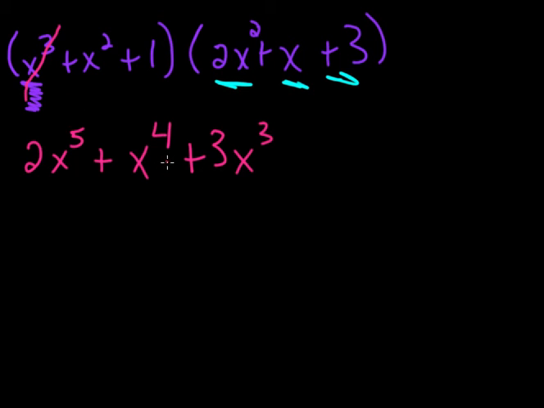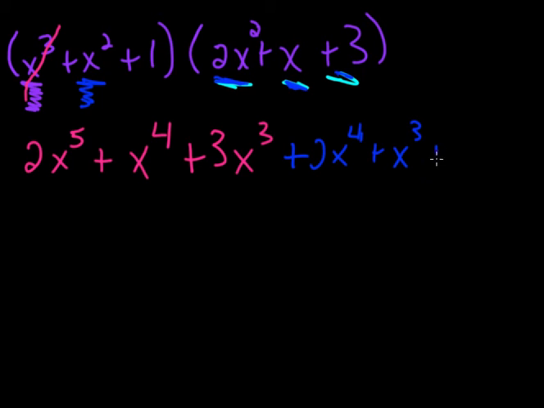I've multiplied this through everything. Next, I look at the x squared, and again, x squared is going to have to be multiplied by each of the three things. So I have x squared times 2x squared, that's 2x to the 4th. X squared times x is x cubed.